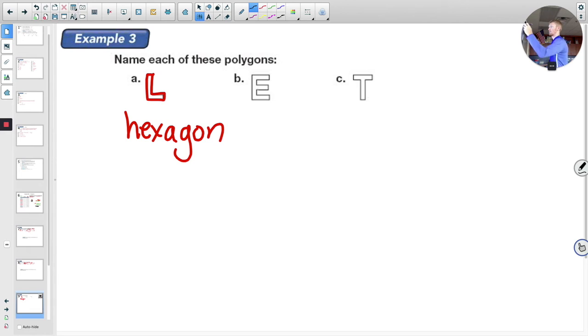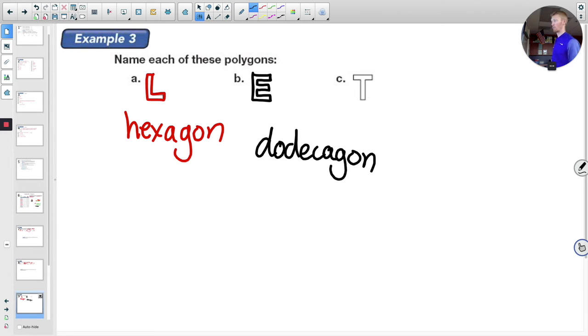B has 1, 2, 3, 4, 5, 6, 7, 8, 9, 10, 11, 12. 12 is a dodecagon. 12 sides. And 1, 2, 3, 4, 5, 6, 7, 8. 8 would be an octagon.